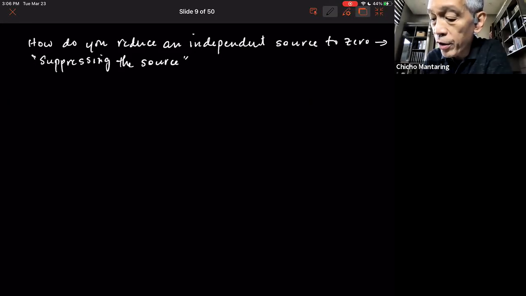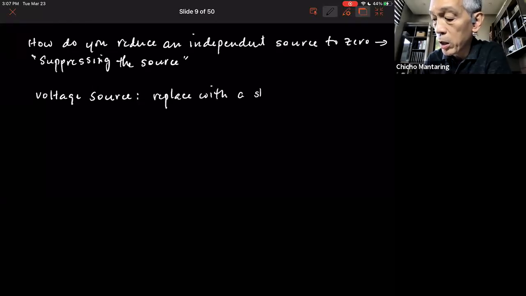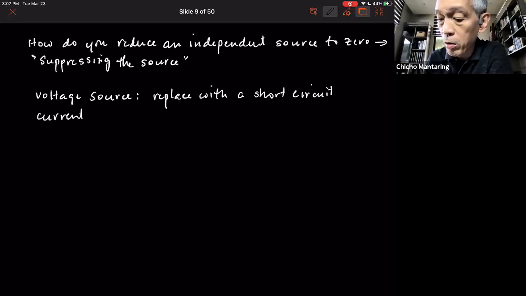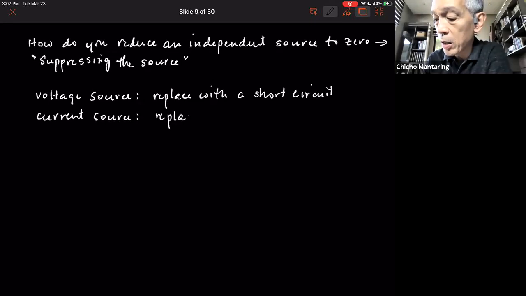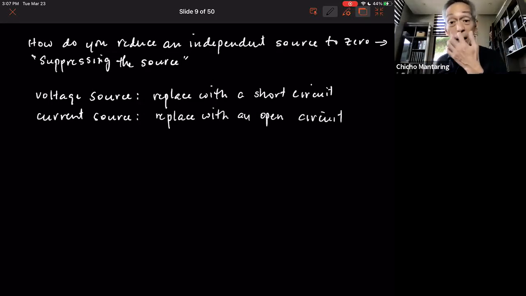So if it's a voltage source, you replace with a short circuit. If it is a current source, you replace with an open circuit. That's how you suppress sources.